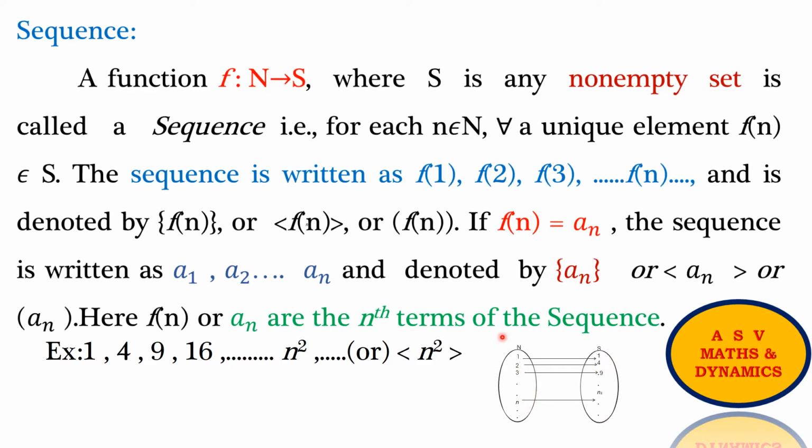So this is a sequence. Sequence means you substitute the domain and you must get the codomain, and this is very important. The codomain must be a non-empty set. If you get it, you can write the values with commas, for example 1, 4, 9, 16, like this, and it is a sequence.